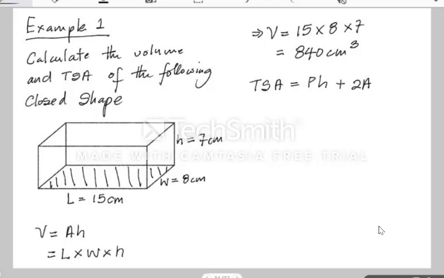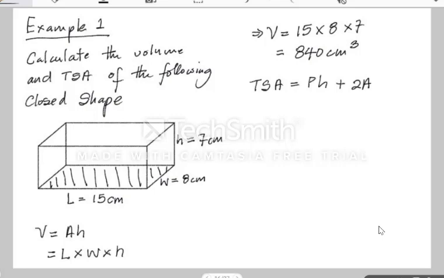So a fish tank would not be considered a closed shape. But this solid is a closed shape, so it has all 6 surfaces. There are 4 sides, and there's the top and there's the bottom. So the total surface area gives you the sum of the area of all 6 surfaces.